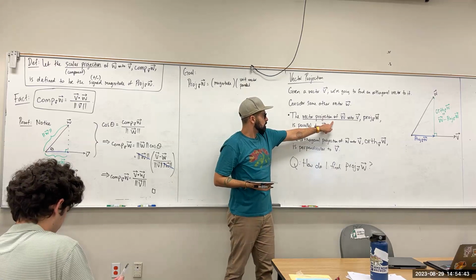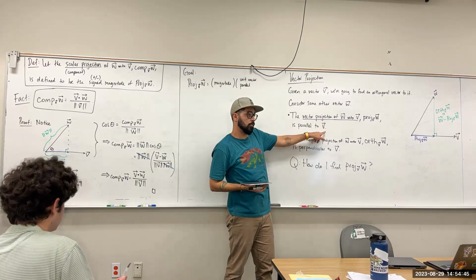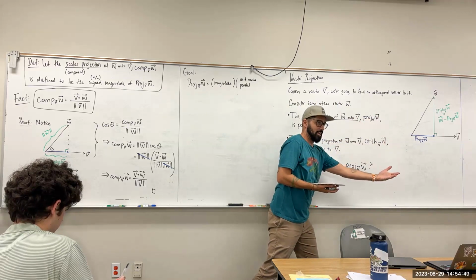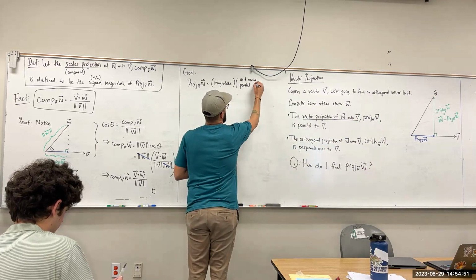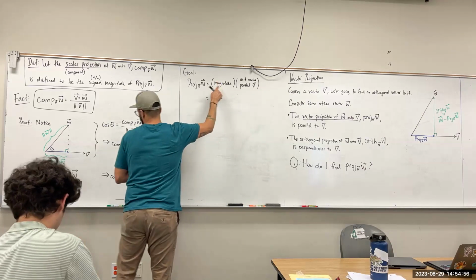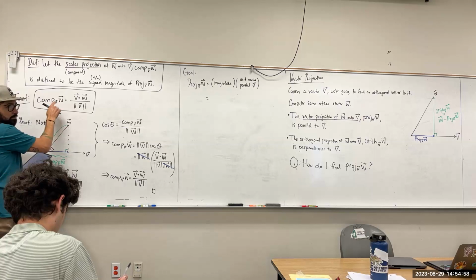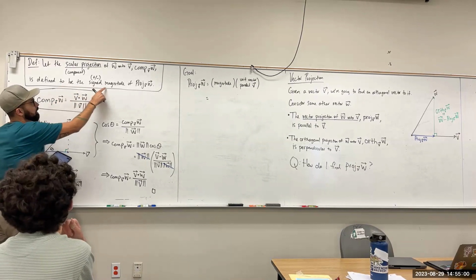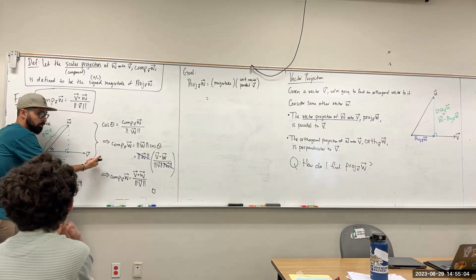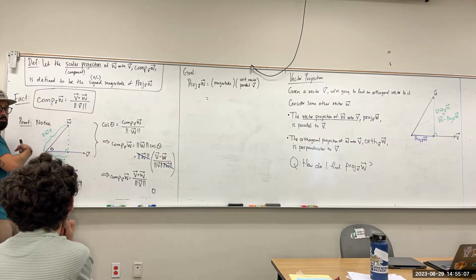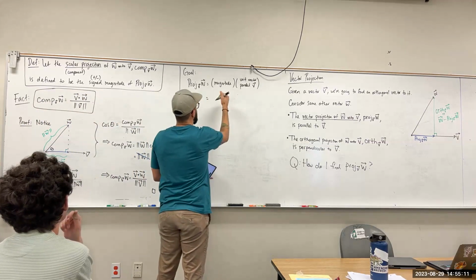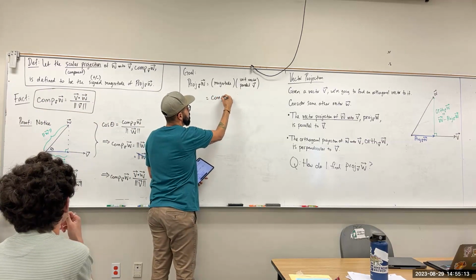The vector projection is parallel to V, so we want a unit vector parallel to V. Okay? This is how it's defined, right? It's the signed magnitude. The sign meaning that it might force it to point the same direction as V or point in the opposite direction. Okay? That's what that part is. But this is going to be given by the component projection.